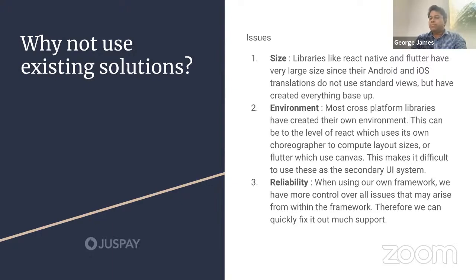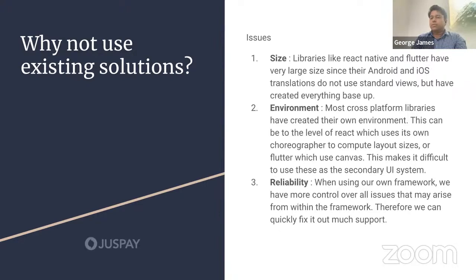And finally, reliability. Now let's assume in the odd case that these frameworks get an issue, right? What your general principle would be is, one, you would work around the issue. Second, you would raise an issue to the framework developer. And finally, once you do both of these, you have this case where you're not able to solve the issue in time, and that can lead to you losing business to something of that extent, right?